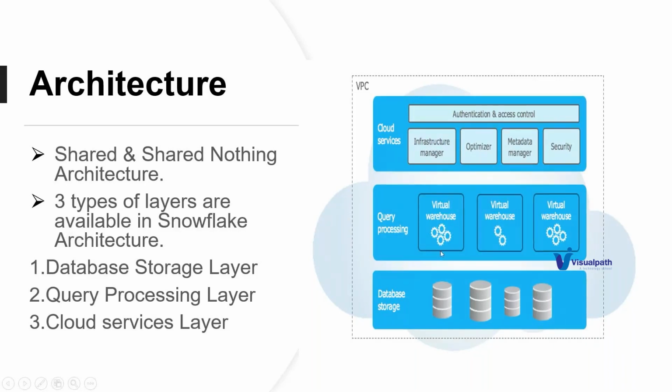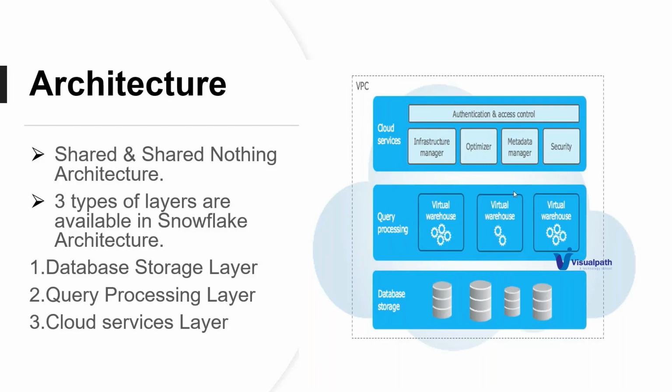The next layer is the query processing layer, which is also called the compute layer. This is the second layer. And the third layer is the cloud services layer. We call the cloud services layer the brain of Snowflake. The complete maintenance will be done at the cloud services layer, so it is called the brain of Snowflake.